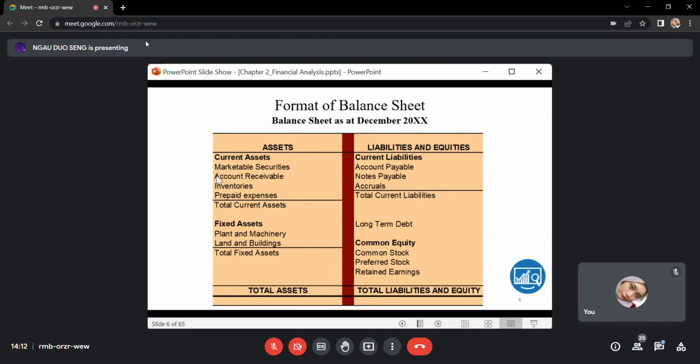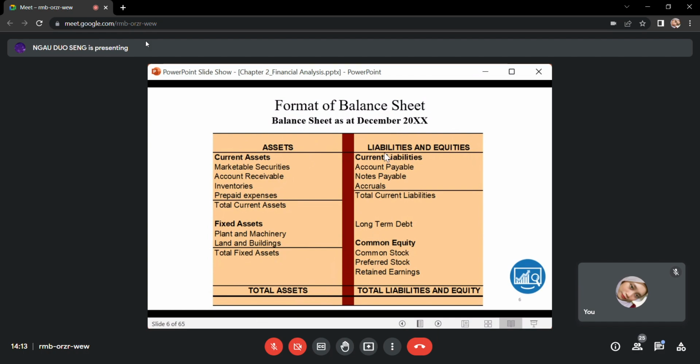Normally we have cash. Cash, marketable securities, accounts receivable, inventory, prepaid expenses. Then you total all, we have the total current assets. Then fixed assets, we have plant and machinery, land and building, then we have total fixed assets. You add total current assets plus total fixed assets, we have the total assets.